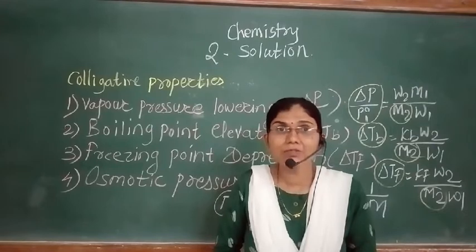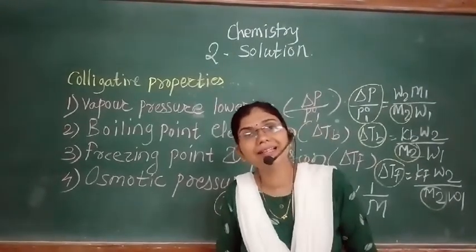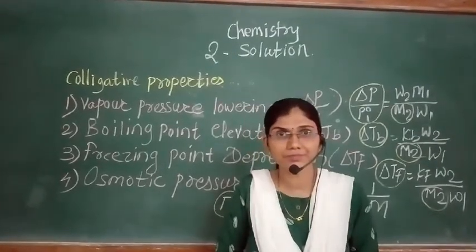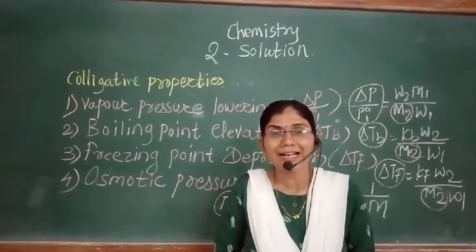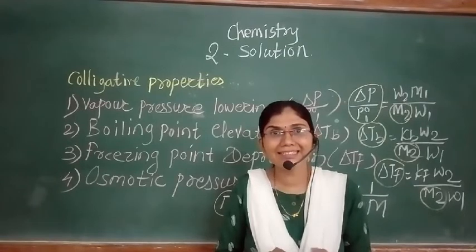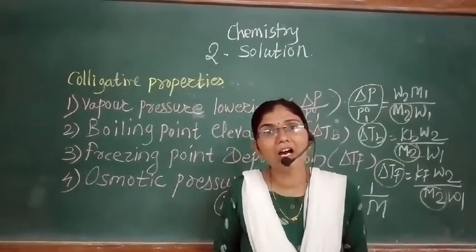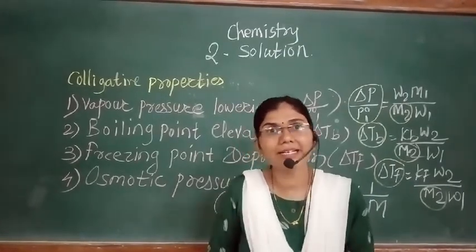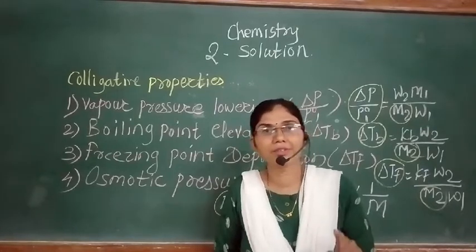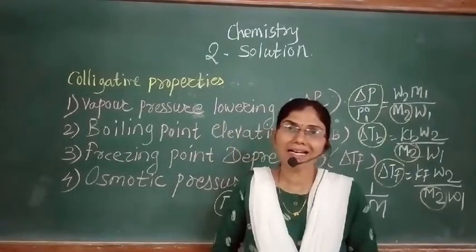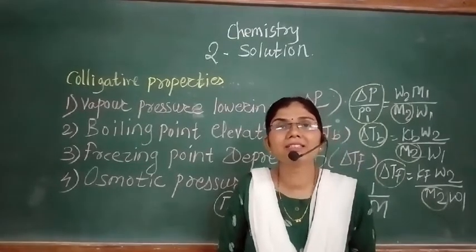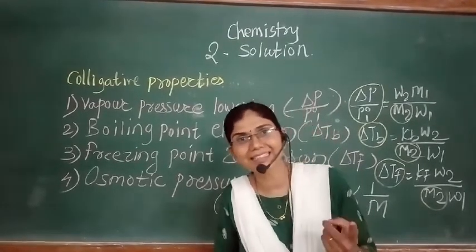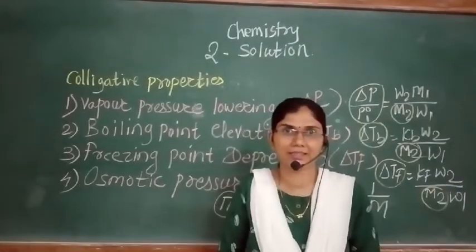But when we use an electrolytic solution, electrolytes either get associated or get dissociated, and therefore when we use electrolytes as solutes, the number of solute particles changes; it either increases or decreases.